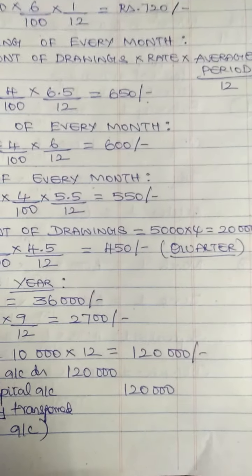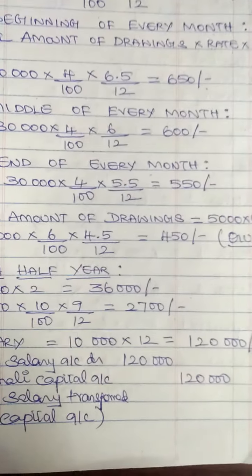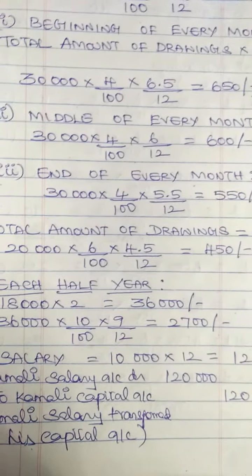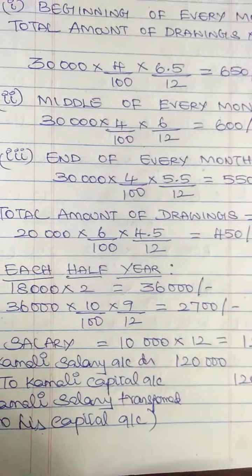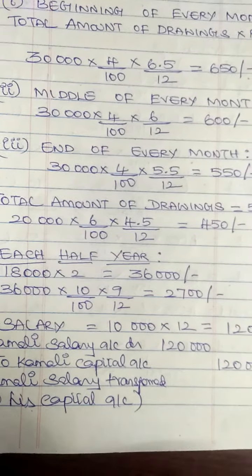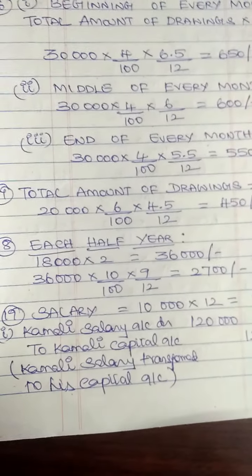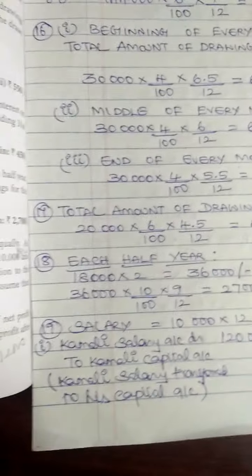So the amount multiplied by 4 comes to 20,000. Now apply the formula: 20,000 into 6 by 100 into 4.5 by 12. That comes to 450. The 4.5 is nothing but the quarter formula.